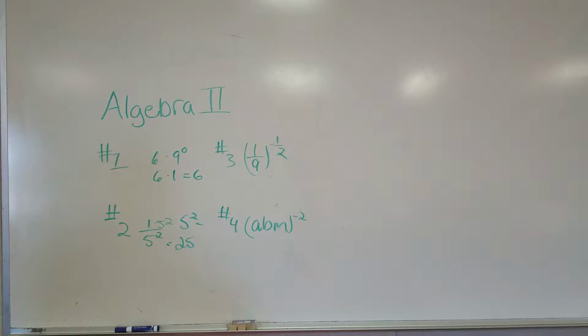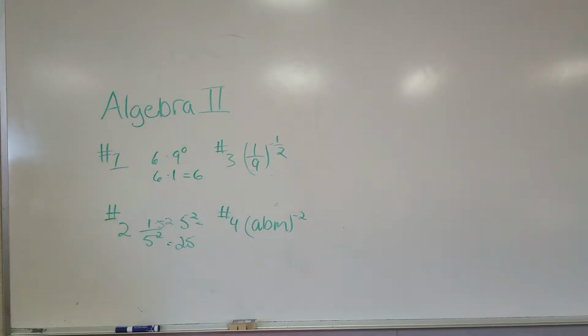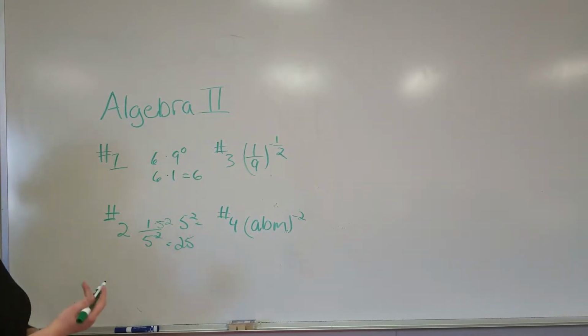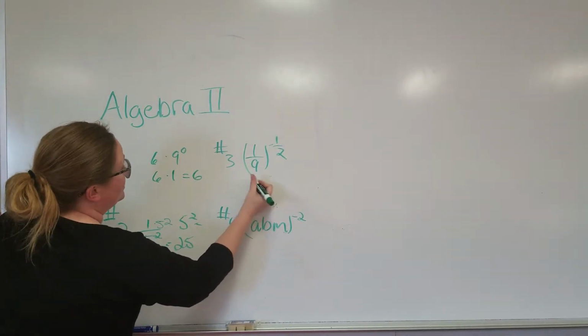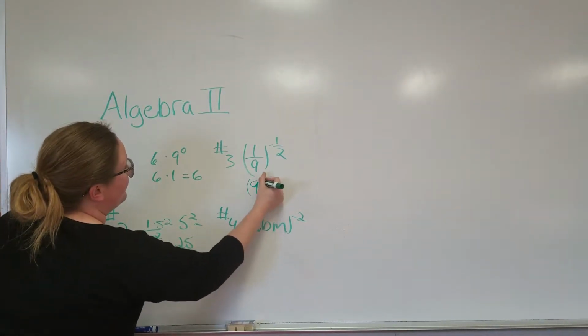Number 3, they throw in a little monkey wrench. They say 1 over 9 in parentheses, so both of them, to the power of negative 1/2. Remember that a negative exponent is going to invert both of them because they're both to a negative exponent. So then it's going to say 9 over 1, which is this 9, to the power of 1/2.